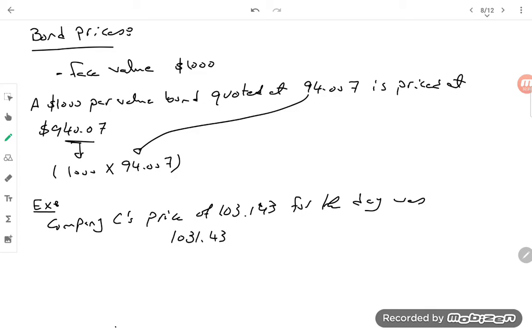So we can determine the price of any bond as the quoted value multiplied by $1,000.